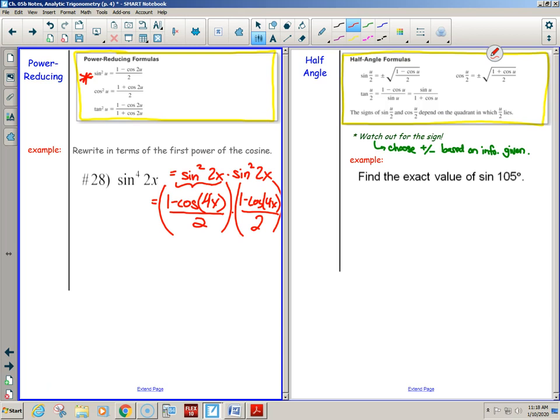Now, here's the struggle. What was the actual objective? Cosine to the first power. Why am I not there yet? Because if you multiply it out, you FOIL it and you have a cosine squared. The problem is, even though this looks like a 1 minus cosine to the first of 4x and 1 minus cosine to the first of 4x, in context this multiplication means common denominator.